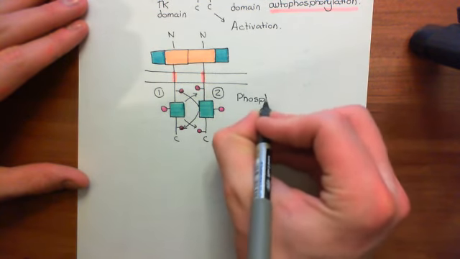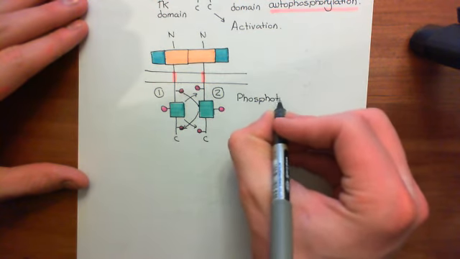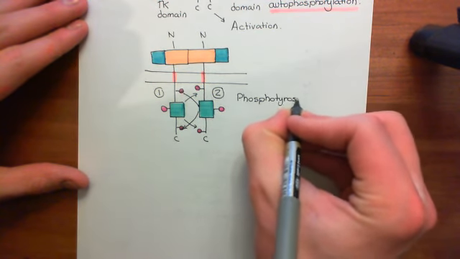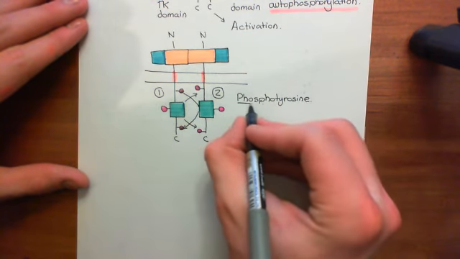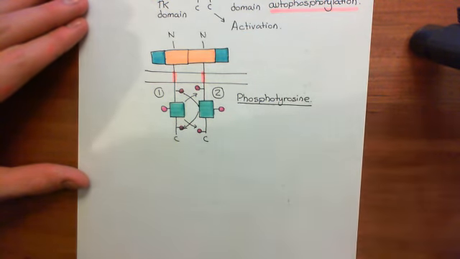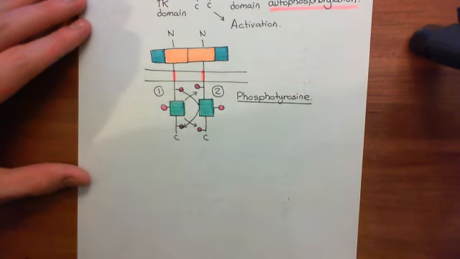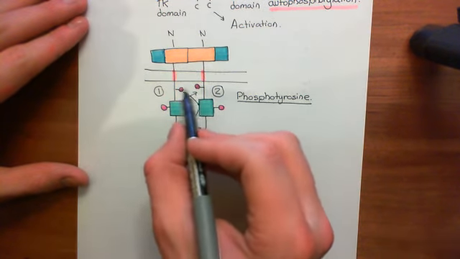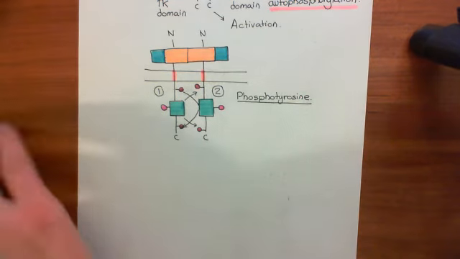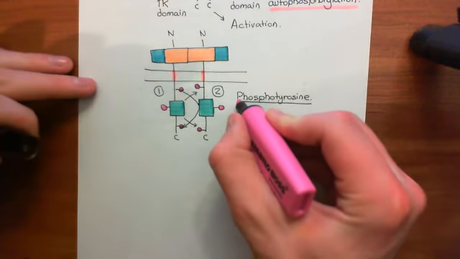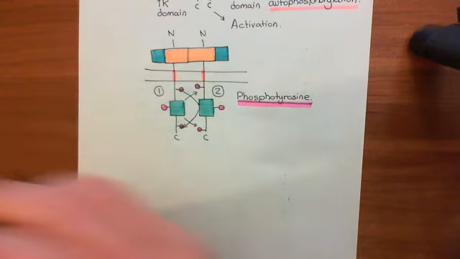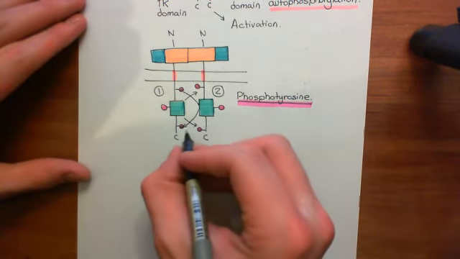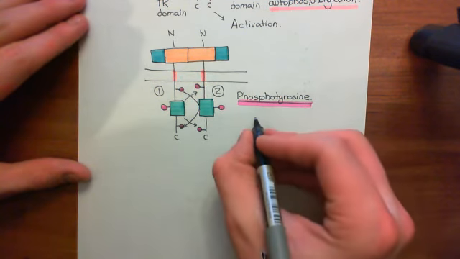Okay, right, and what's now going to happen is that onto these phosphotyrosine residues, proteins are going to dock. Okay, and we'll look at examples of the signaling pathways downstream of these later. But for now, what's happened is we've got loads of these phosphotyrosine residues on the intracellular side of our receptor. What can happen is that proteins can come and bind to these phosphotyrosine residues.